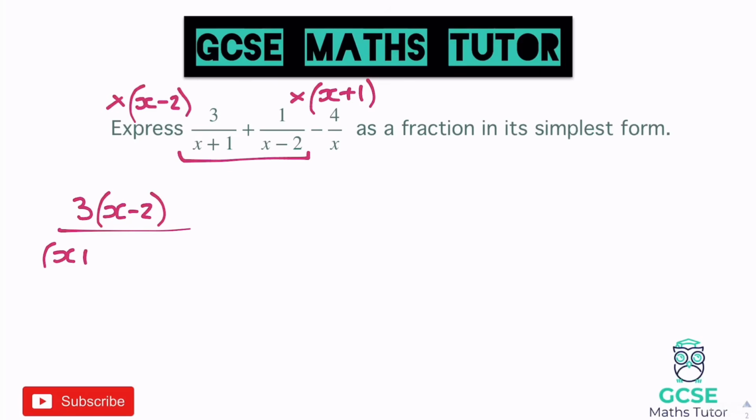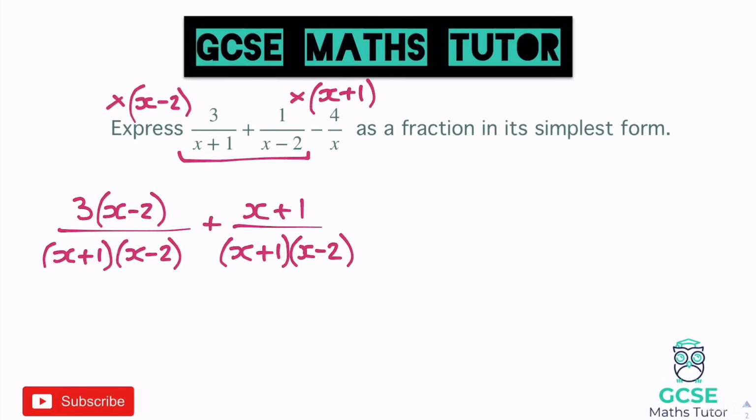You can expand that if you want, or you can just leave it in a bracket for the moment. I'm just going to leave it in a bracket for the moment, just to save doing that step right now. And on our right fraction, we're timesing the top by x plus 1, so we have one lot of x plus 1, so rather than writing one bracket x plus 1, I'm just going to straight away write x plus 1 there. And again, we have that over our double bracket, which is x plus 1 and x minus 2.